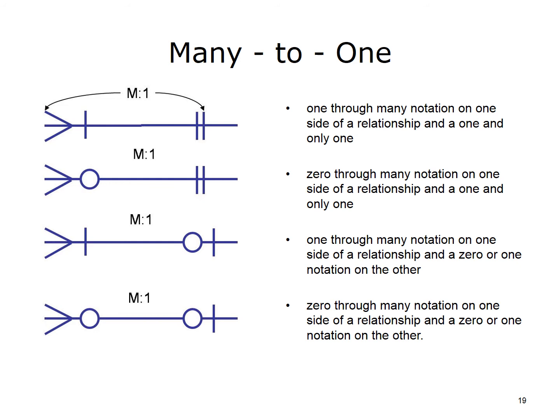The 4 varieties of a many-to-one relationship are shown on the slide. 1 through many notation on one side of a relationship and a one and only one. 0 through many notation on one side and a one and only one. 1 through many notation on one side and a 0 or 1 notation on the other, and 0 through many notation on one side and a 0 or 1 notation on the other.